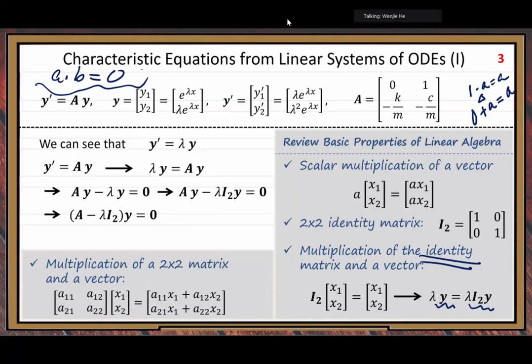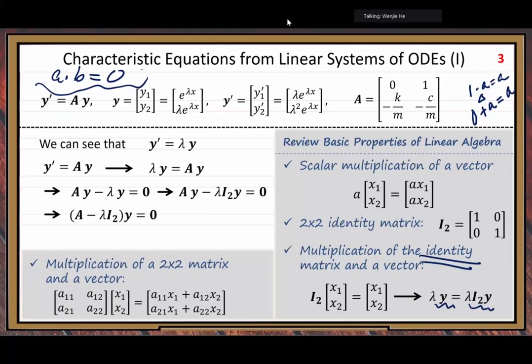Because in our two-dimensional space, mathematically we do not call it world, we call it space. 2D space, 3D space, 1D space. Here, we are working in the 2D space. In this 2D space, the product of these two objects equals 0, but we cannot say one of the objects must be 0.